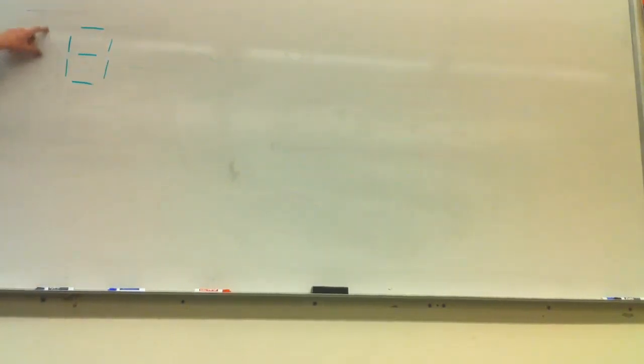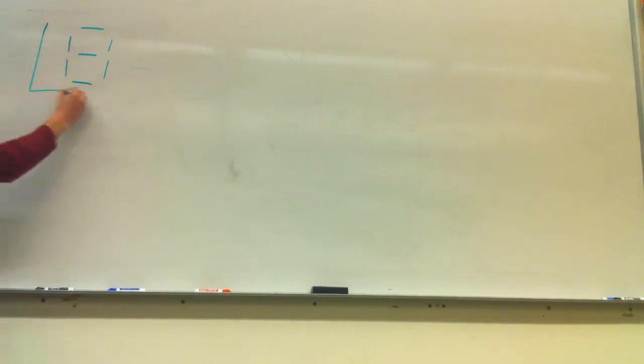These are LEDs, these are lights. If this was all lit, this would be 8, right? So basically what we want to do is you're going to have 4 inputs into this.